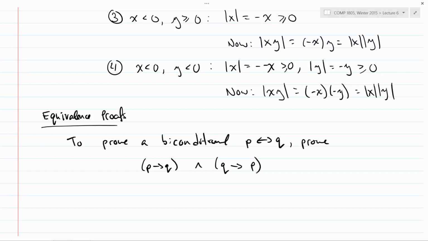So when you're proving a biconditional, you're really doing 2 proofs. If you want to prove P if and only if Q, first you prove if P then Q, then you prove if Q then P. So whenever I ask you to do a proof that has an if and only if in it, I'm really asking you to do 2 proofs. And if you just do one of them, you're forfeiting half of the marks for that question. That's very important to understand.